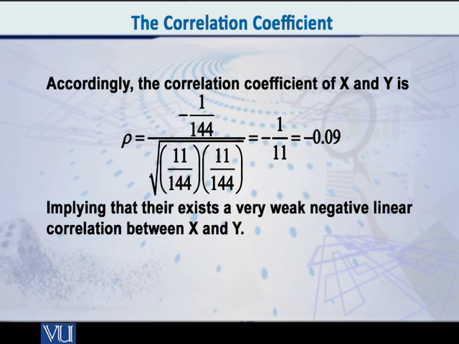A very weak negative linear correlation between x and y. वजह इसकी ये है कि rho -1 से 1 के बीच में लाई करता है. -1 से छोटा नहीं हो सकता और 1 से बड़ा नहीं. लेकिन जो अहम बात है वो ये है that the closer your answer is to 0, the weaker is the correlation. अब यहाँ चूँकि minus 0.09 है, it is pretty close to 0, and that is why I am able to say that for this particular density function, there exists a very weak negative correlation.